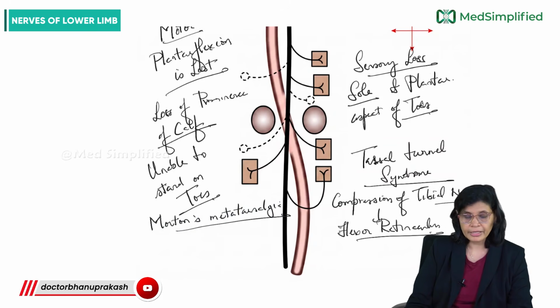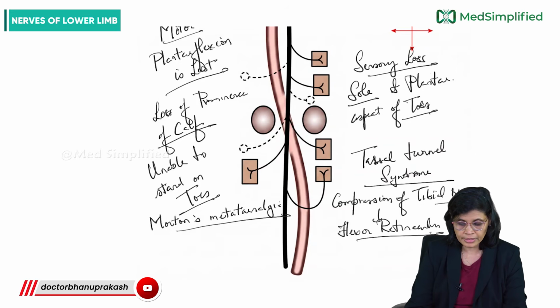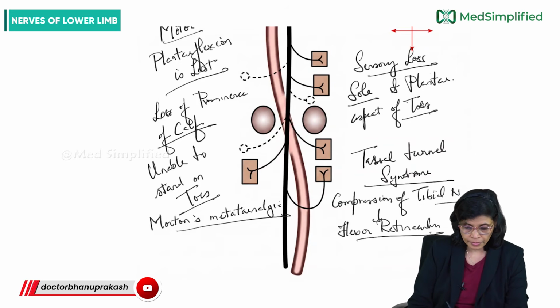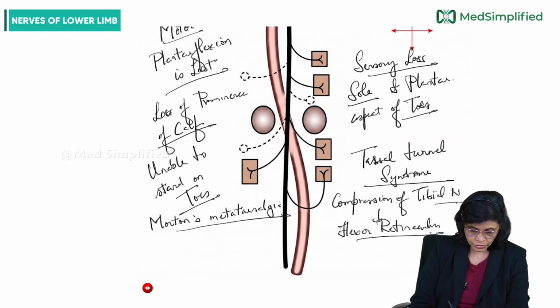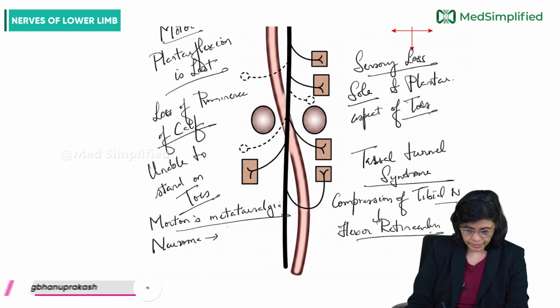So Morton's metatarsalgia is also called plantar digital neuroma. Basically, there is the formation of a neuroma because of pressure on the plantar digital nerves.